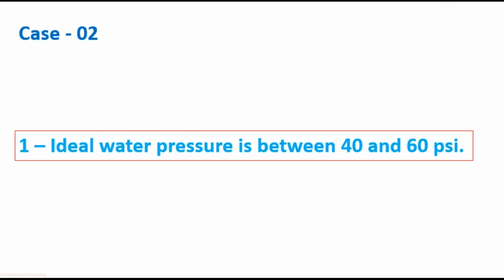Case 2 is the general method that is used for apartment or other commercial buildings. In this case, we will follow the assumption that ideal water pressure for sanitary fixtures is between 40 and 60 psi.